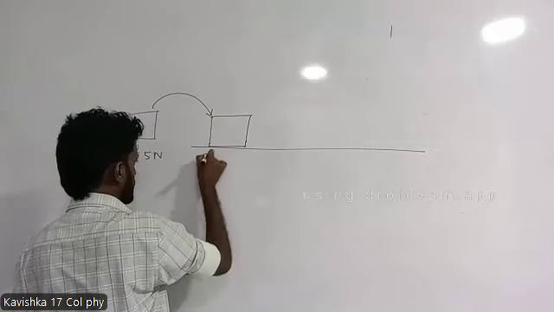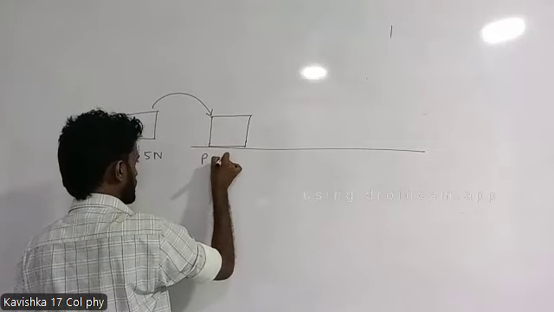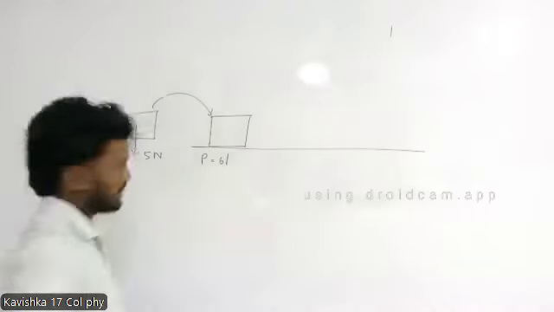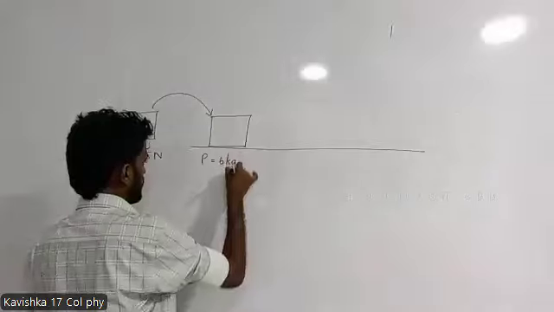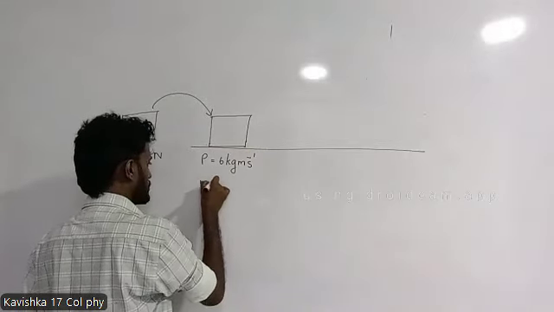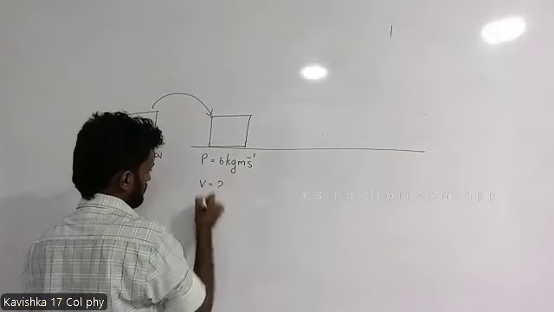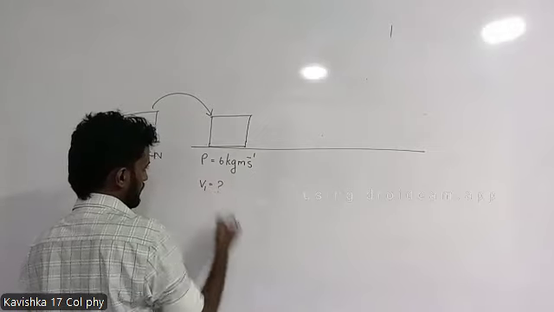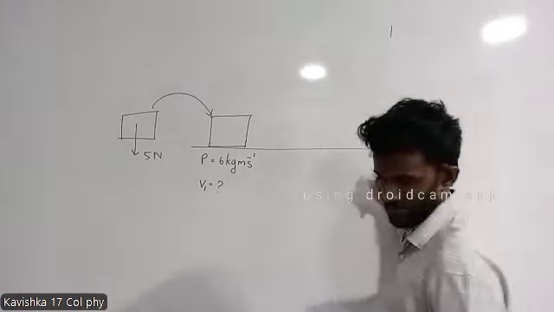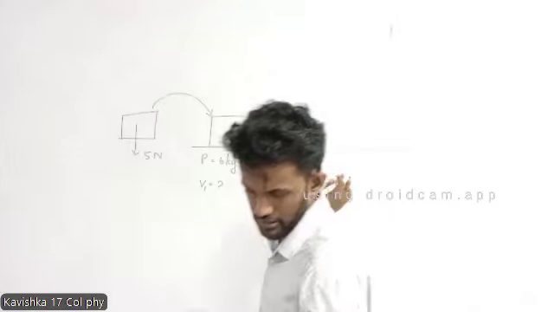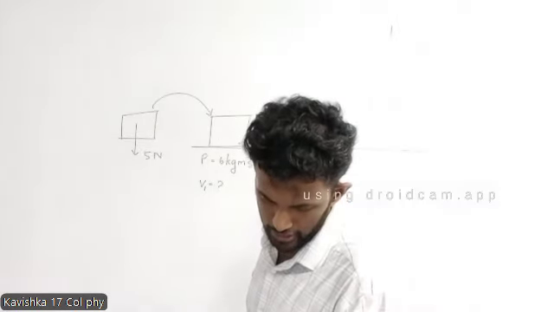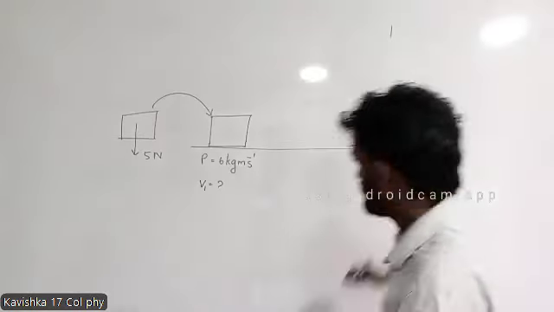Same object, right? The momentum is P equals 6 kg ms minus 1. We don't know the velocity v1. Due to the force and the motion, the velocity of the object decreased to 4 ms minus 1.